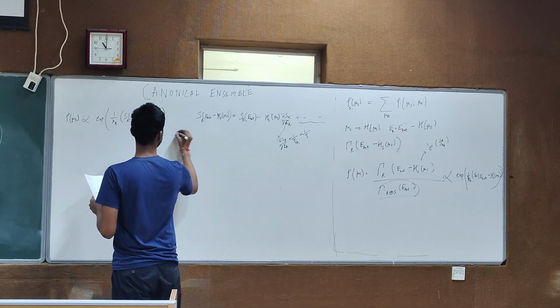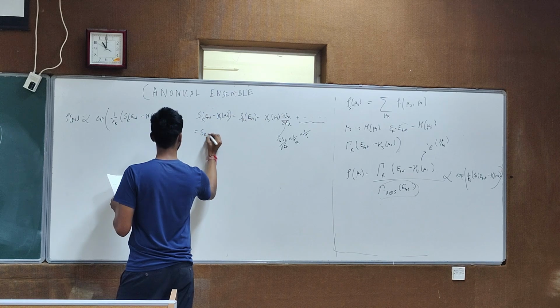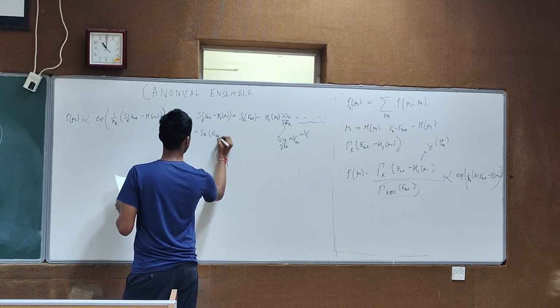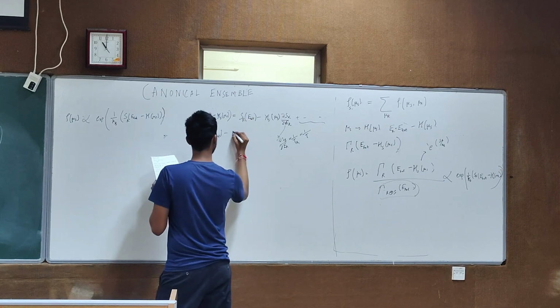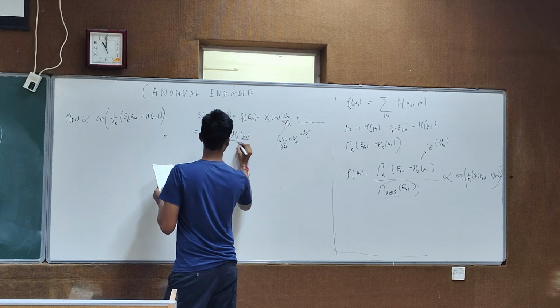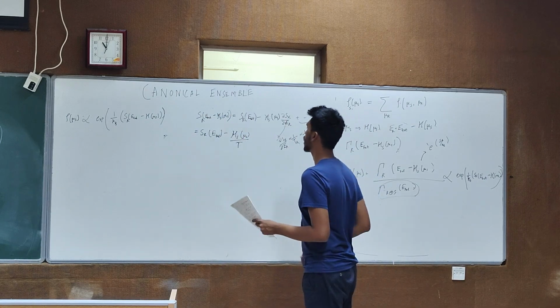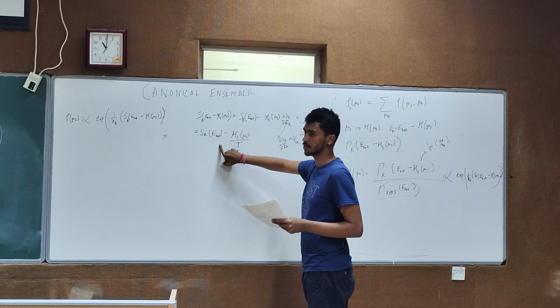So basically, this turns out to be S R of E total minus H S of mu s by T, and this is also a constant.